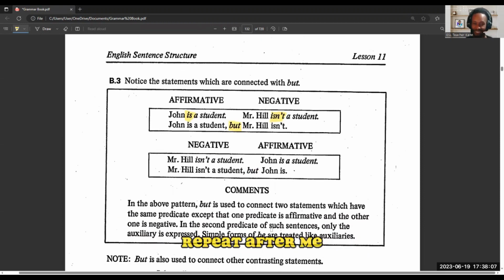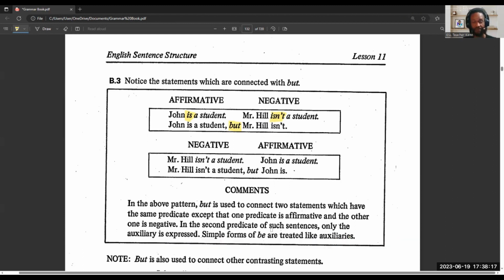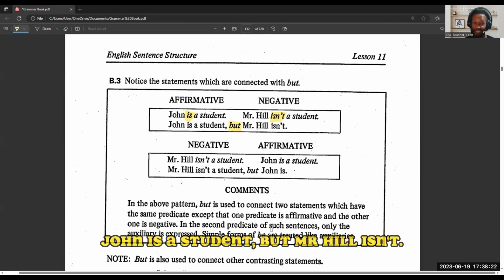Repeat after me. John is a student. Mr. Hill isn't a student. John is a student, but Mr. Hill isn't.